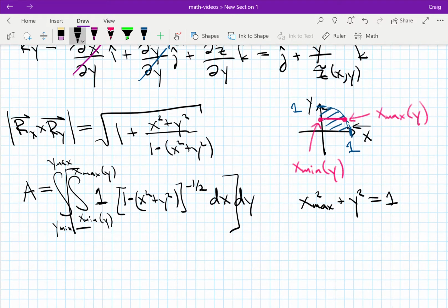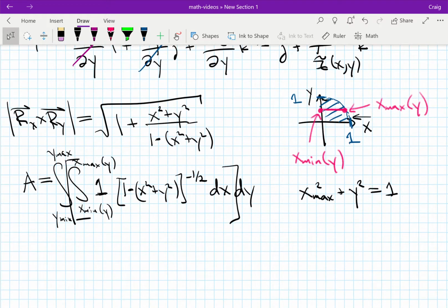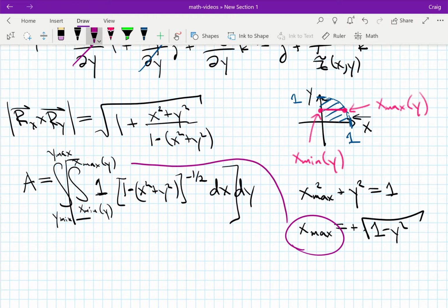So there I can write x max as a function of y. x max is equal to the positive square root of 1 minus y squared. And that has to appear as my limit when I write my iterated integral. So the integral over x will run from x equals 0. x min is always 0 regardless of y, but x max will depend on y.